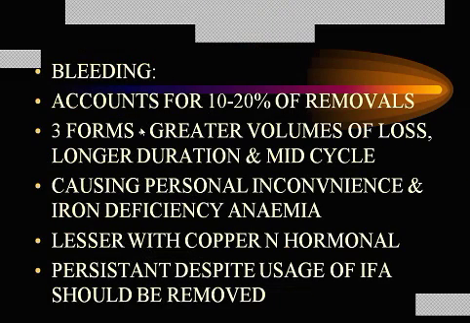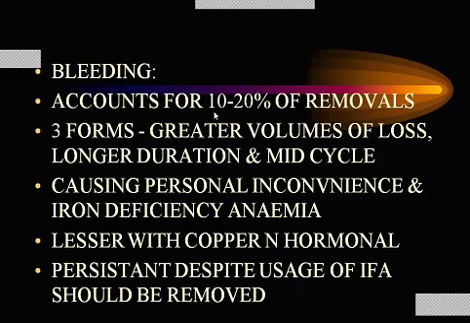So this is about bleeding. Bleeding accounts for 10 to 20% of the removals. 10 to 20% of the women complain of excessive bleeding with the insertion of this device, resulting in removal of the IUDs.